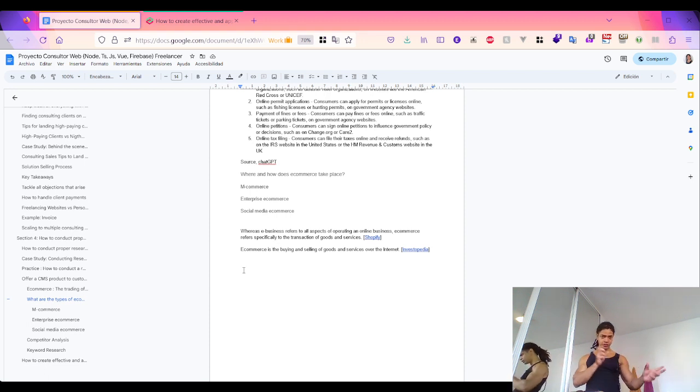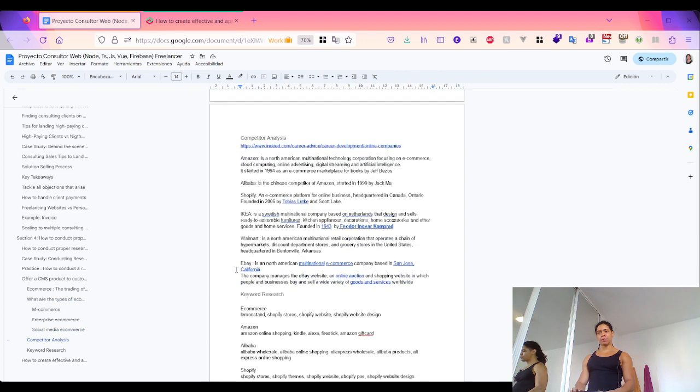This is where e-commerce takes place. Mobile applications right now, right? Mobile applications, enterprise, and social media.